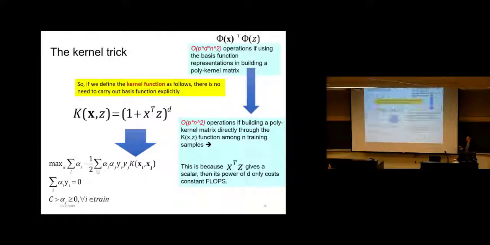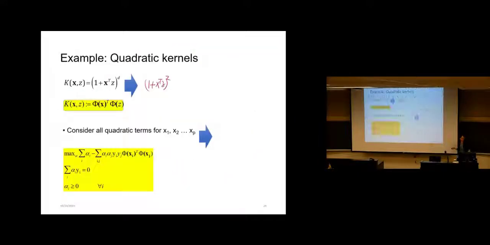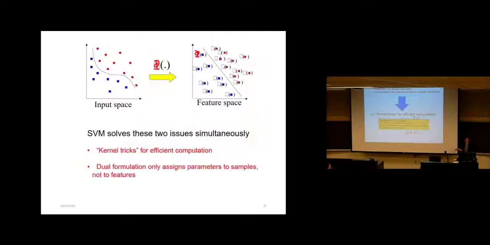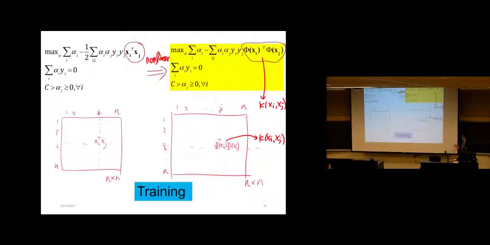All right, so in the end, to optimize the SVM, this is my SVM basic form. What I need to have is that matrix, the whole matrix that has all the training samples versus all the other training samples, related to this matrix I draw right here.